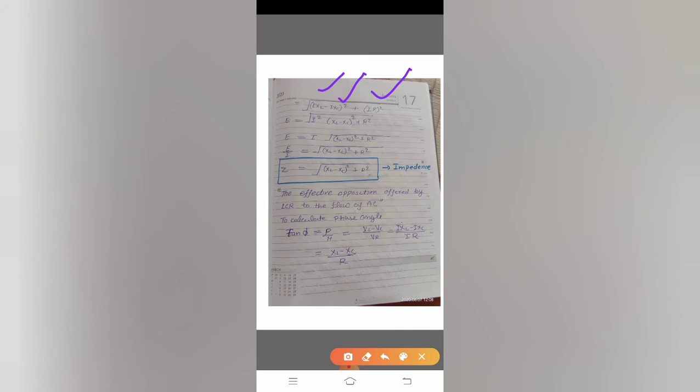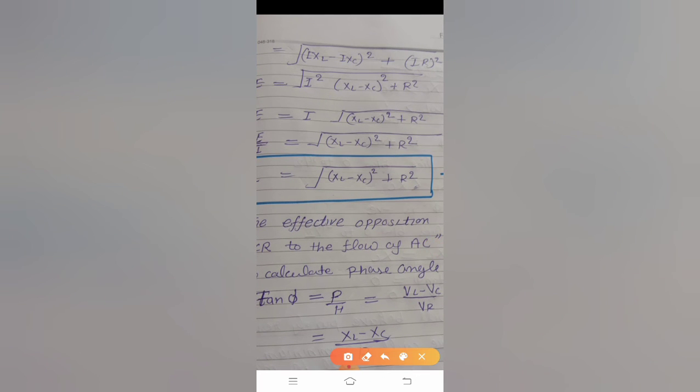I is common in all and square is also there, so I square I have taken outside. XL minus XC whole square plus R square. I square, when it comes out of the under root, will remain I, and whatever is left inside we write the same. When I bring I to the other side, it will be E upon I. Then what is E upon I?